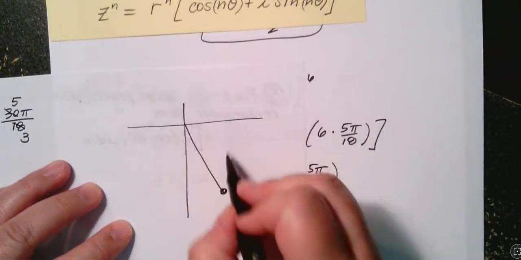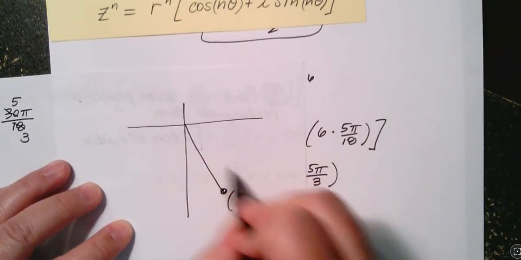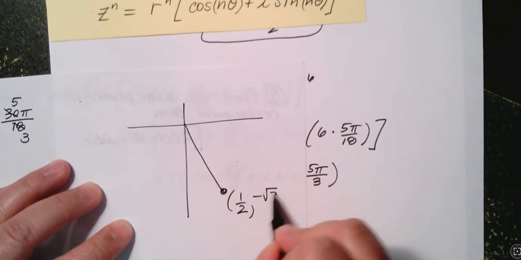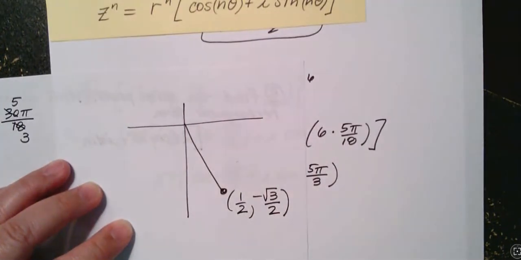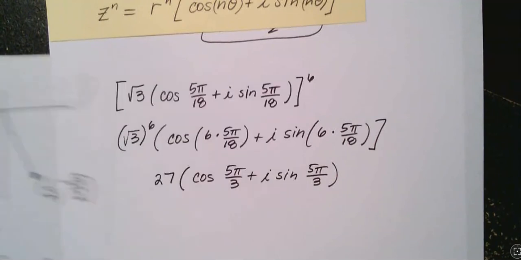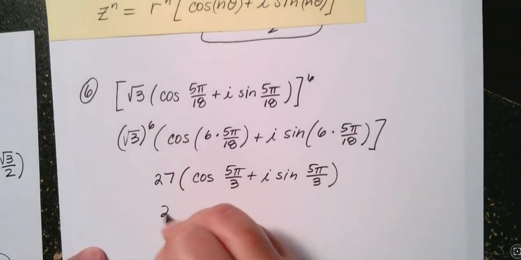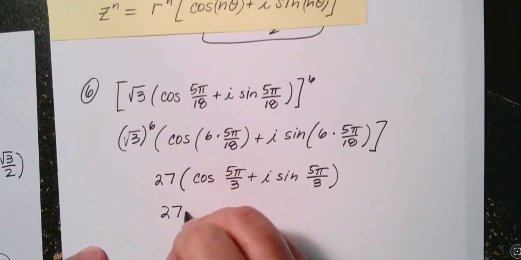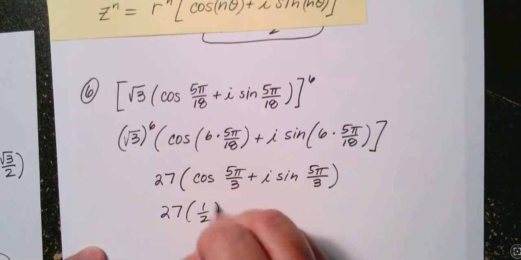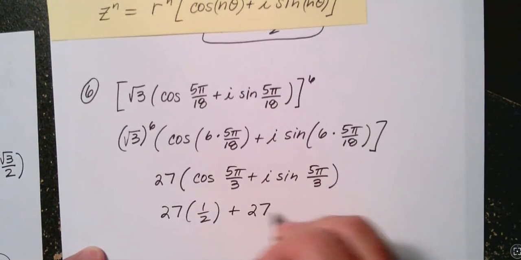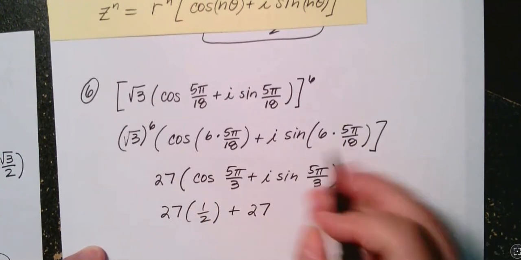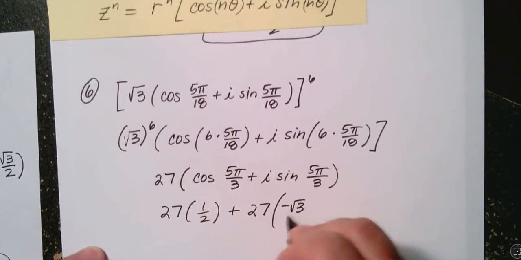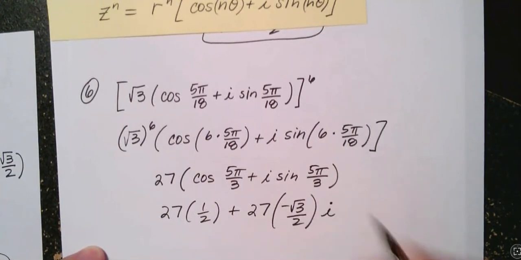Okay, so that value is, let's see, 1/2 for cosine and negative root 3 over 2 for sine. So 27 times the cosine of 5 pi over 3, that's 1/2, plus 27 times the sine of 5 pi over 3, which is negative root 3 over 2, all times I.